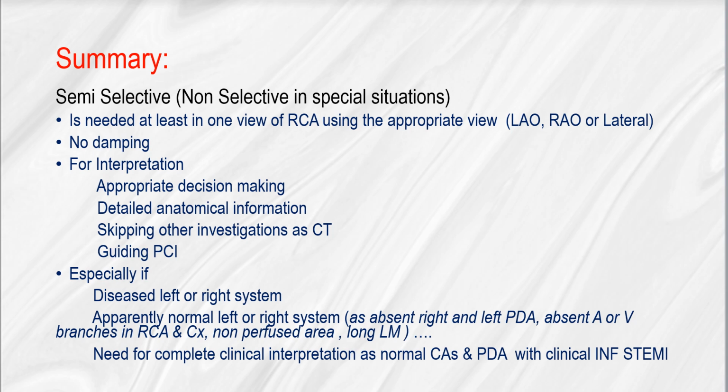This is useful for interpretation, appropriate decision making, detailed anatomical information, skipping other investigations such as CT, and for guiding PCI, especially if diseased left or right system, or apparently normal left or right system, as in absent PDA, long left main, non-perfused area, absent anterior or ventricular branches from the injected RCA or CX, or in cases without complete clinical interpretation, such as inferior STEMI with normal coronary arteries and PDA.